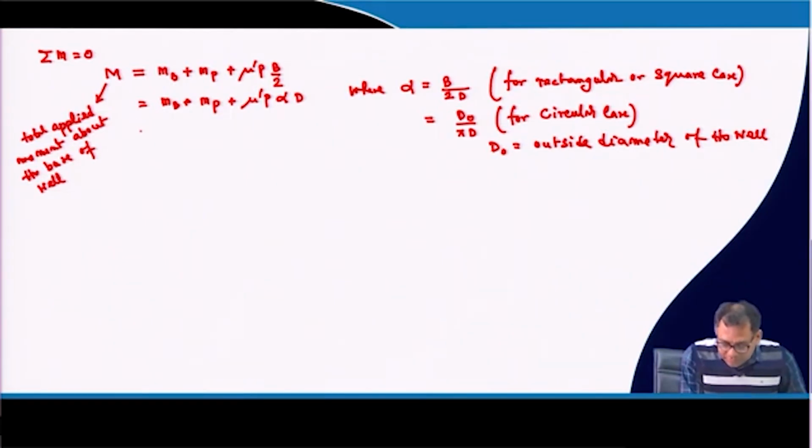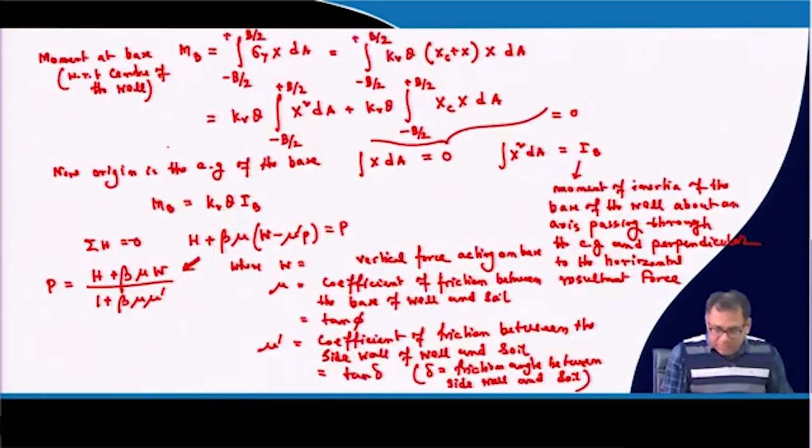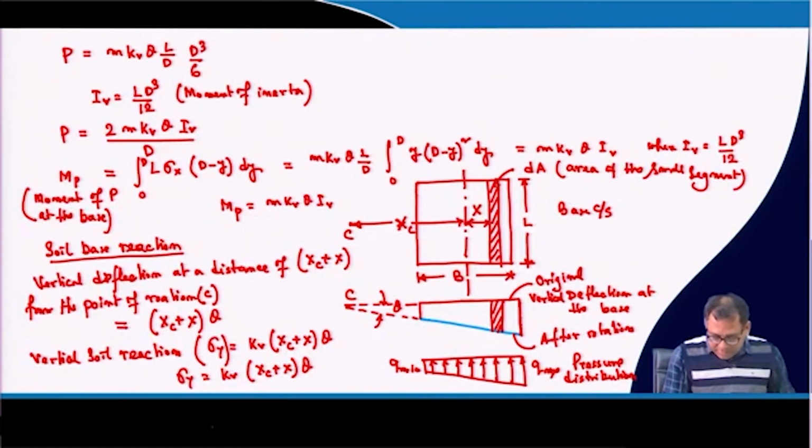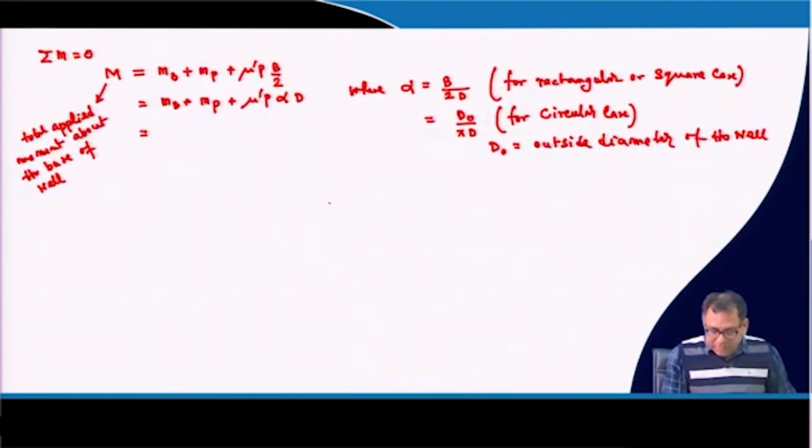Now, we know what the values of MB and MP are, which we have derived. MB is kV theta IB, and MP is m kV theta IV. Okay, so these values I am putting here.